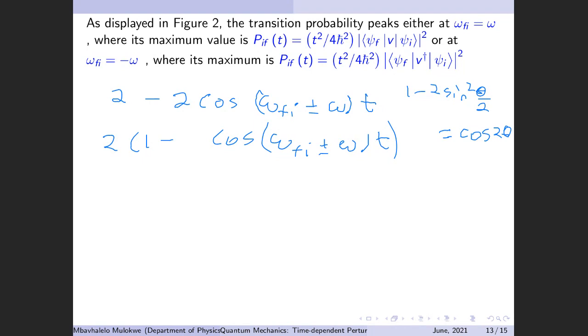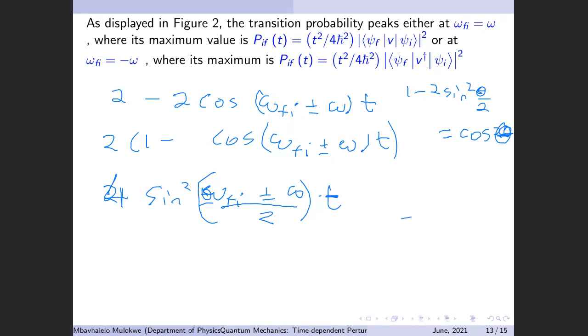So 1 minus cos theta is given by 2 sine squared theta over 2, which is (omega final initial plus or minus omega) over 2, and multiplied by the 2 there, this gives you 4, multiplied by t.